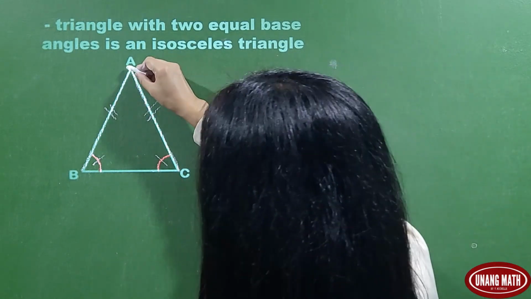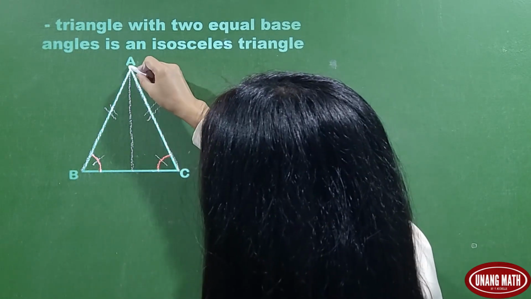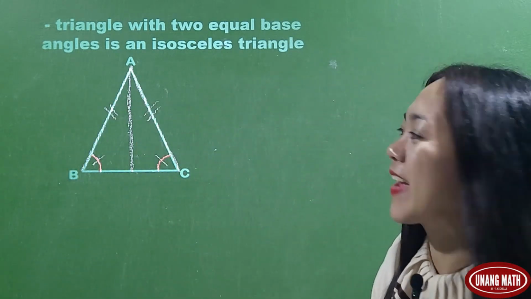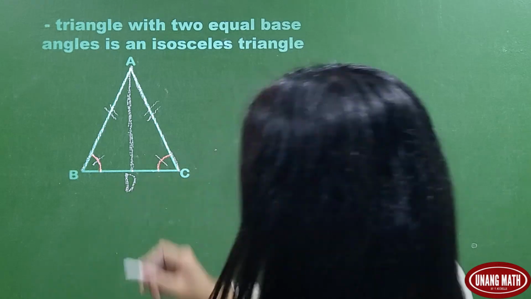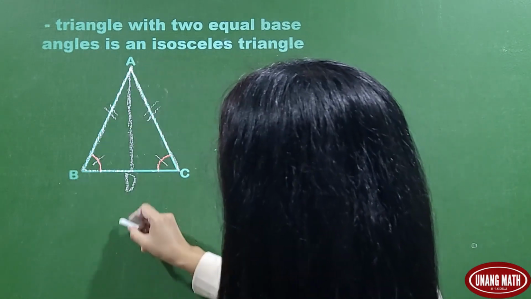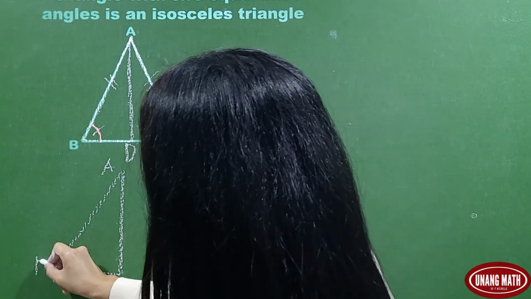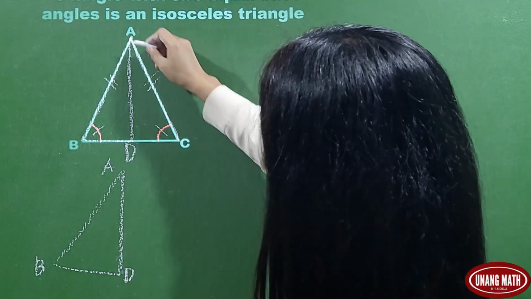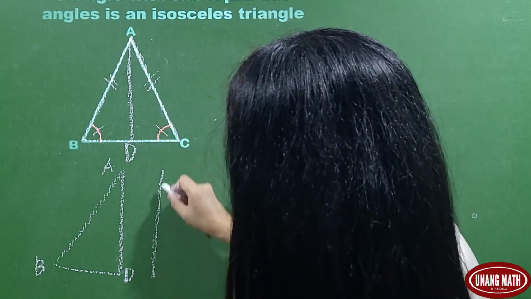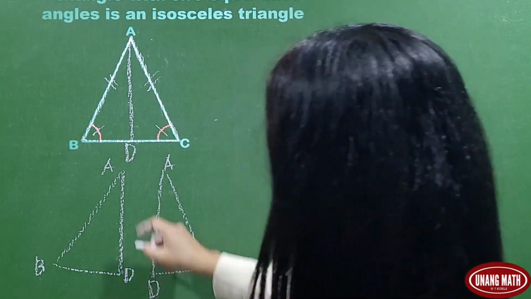If we consider the angle bisector of angle A, it bisects this triangle into two congruent triangles. Let's say this is D. So we have triangle ABD, and we also have triangle ACD.